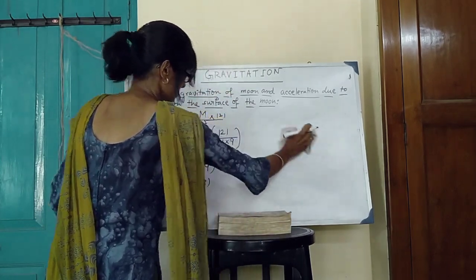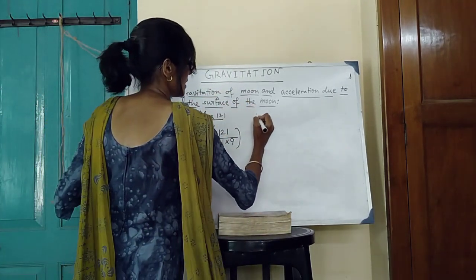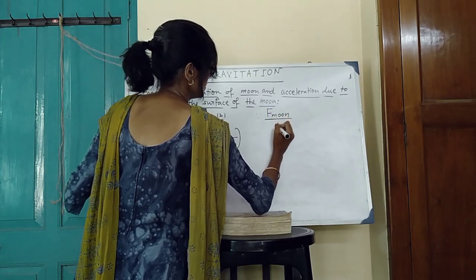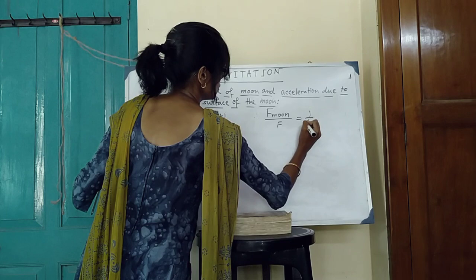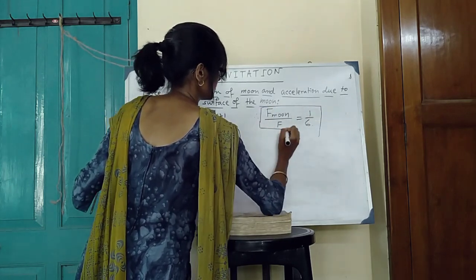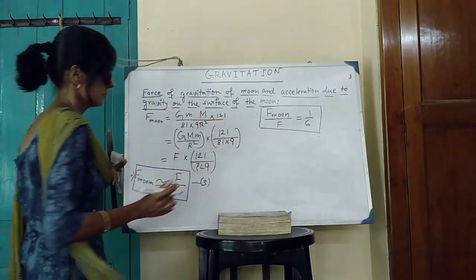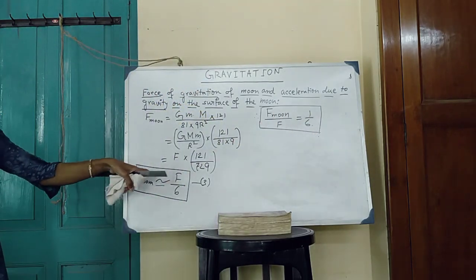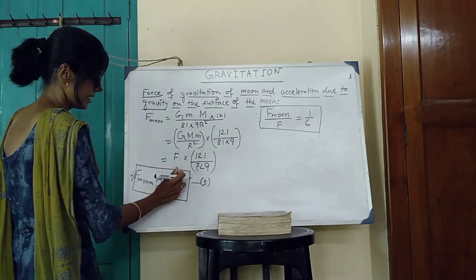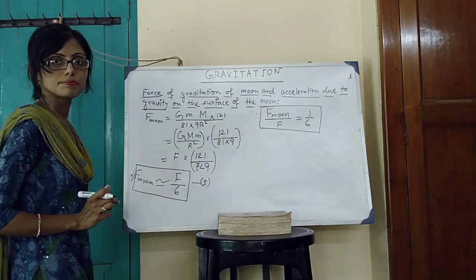So from equation 3 we get F moon divided by F is equal to 1 by 6. By cross multiplication, F moon by F is equal to 1 by 6.